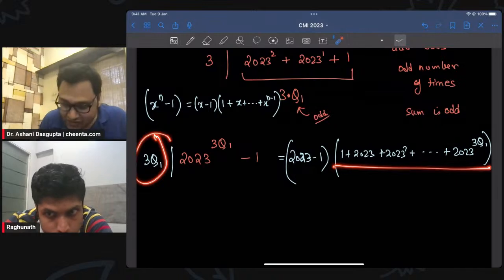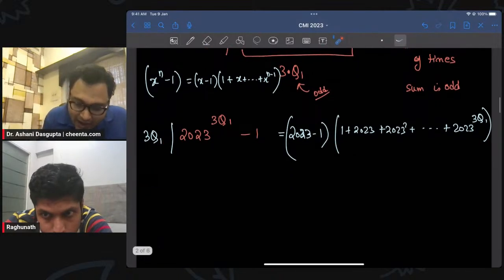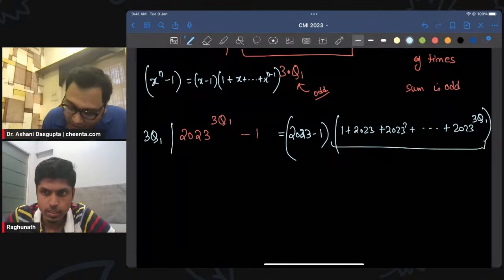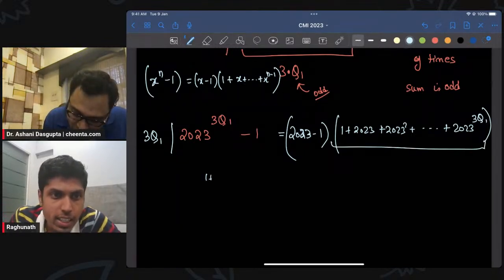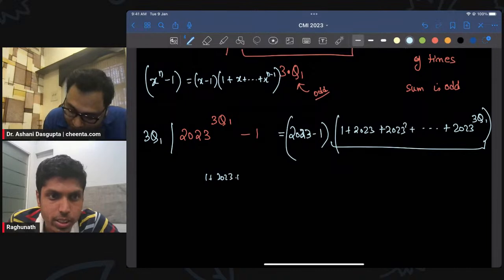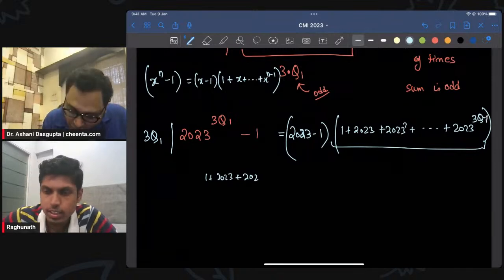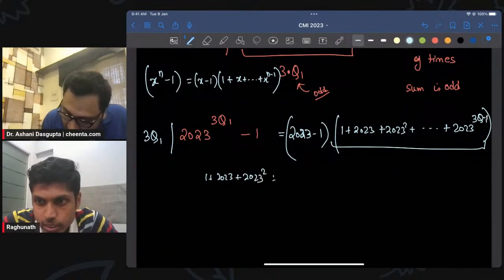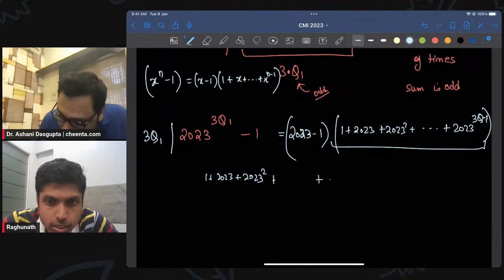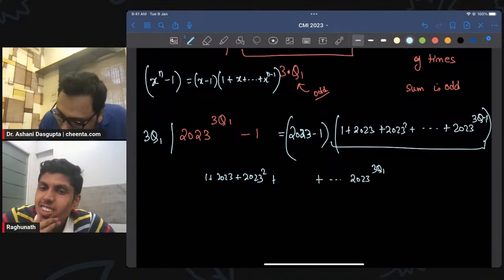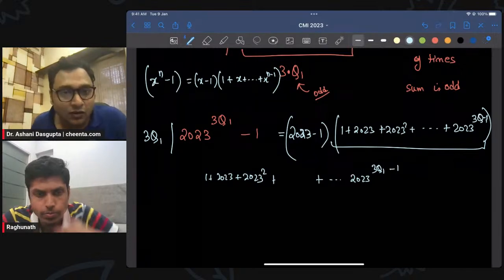Why? Okay, let's check why. Let's write only this part. So 1 plus 2023 square up to 2023 raised to the power 3q1 minus 1. The last power is 3q1 minus 1. Okay.